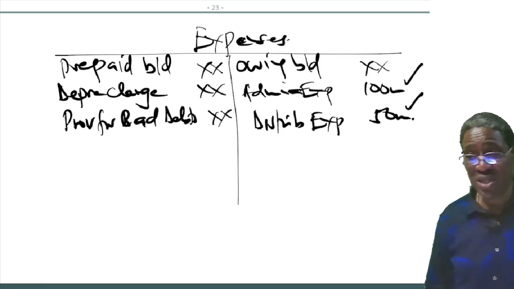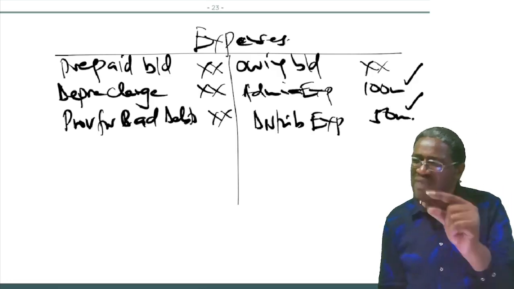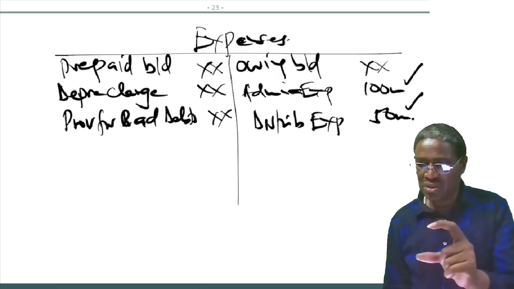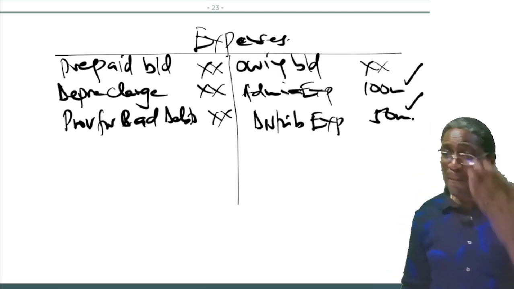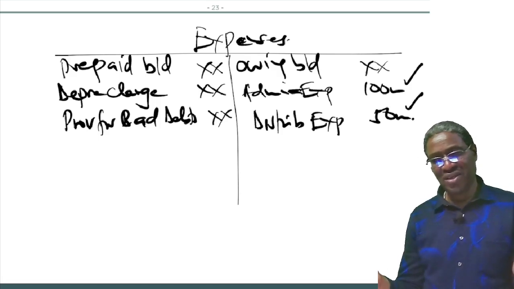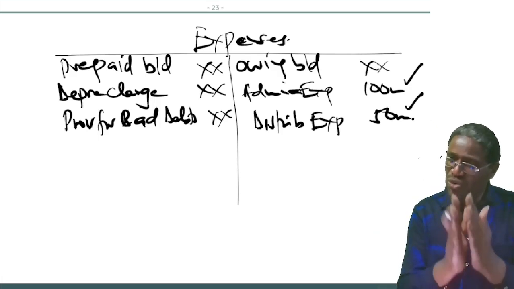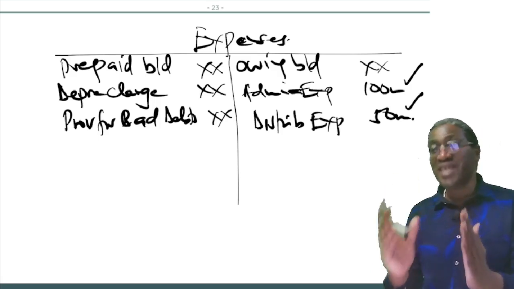Let me give you another one still on that. Even, listen, even the bad debts themselves, not provisions, the amount written off. When a debtor becomes a bad debtor, you have to write him off. When you wrote him off, you must have debited an account called bad debts and you must have credited debtors.